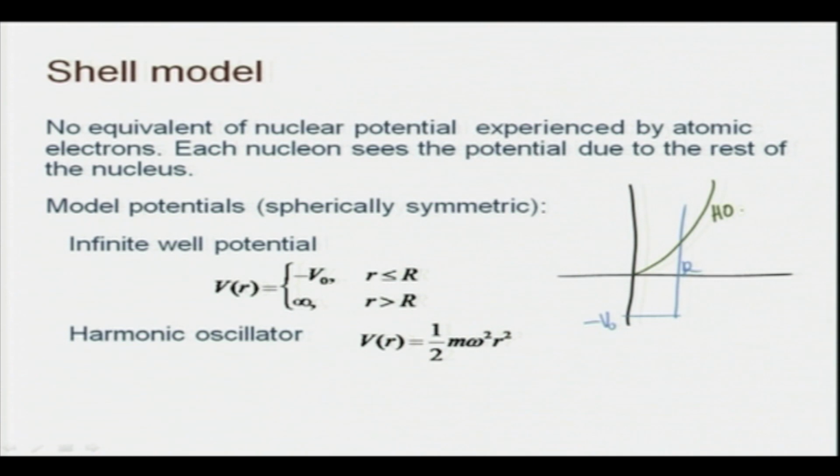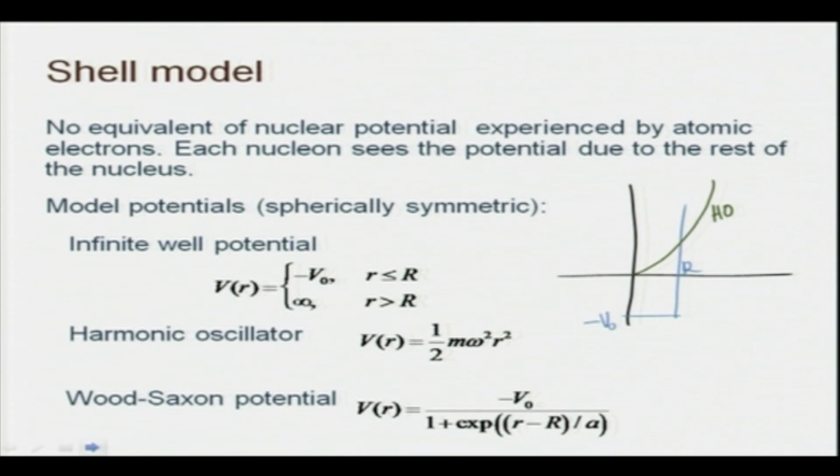Therefore, a compromise between these two was proposed by Woods and Saxon: a potential which is more or less constant for r less than capital R and changes over smoothly, but rather fast, to 0 near r equal to R.